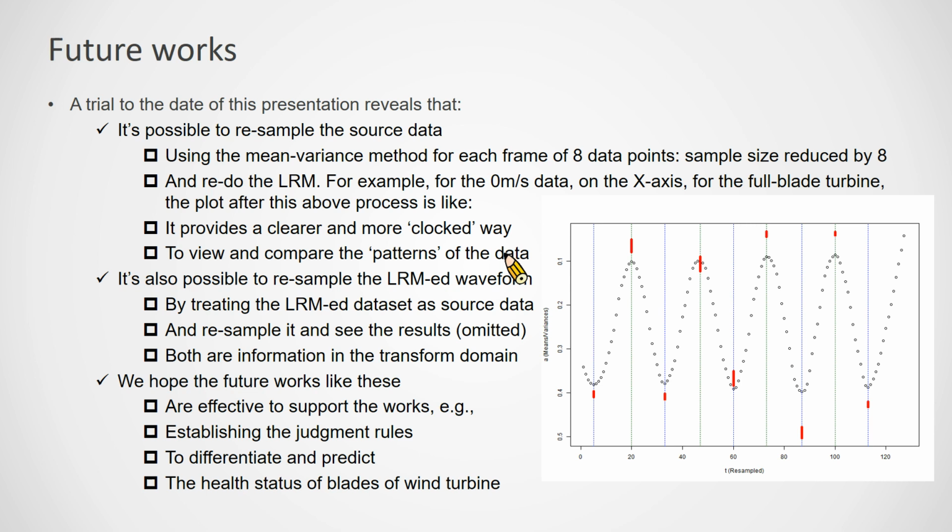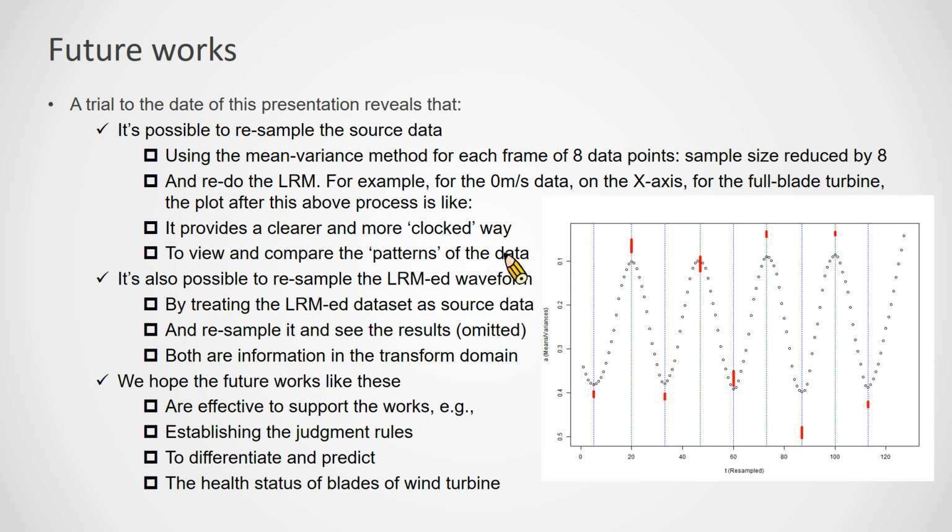For the future work, we show a trial work to resample the source data and redo the local regression method. And one of the results is like the right figure. So it's easier in this way to observe the features in each data set.